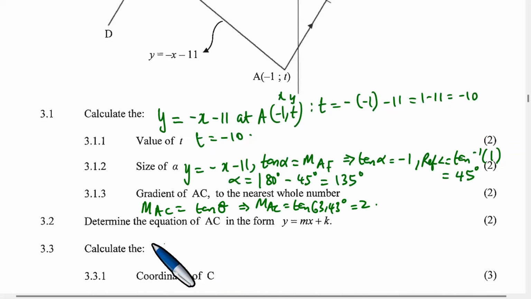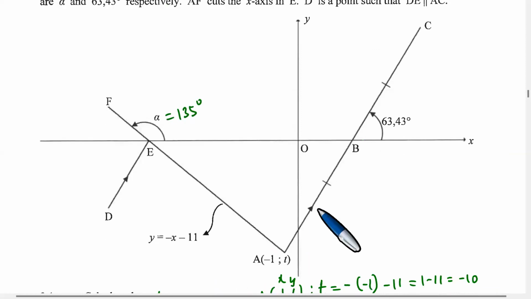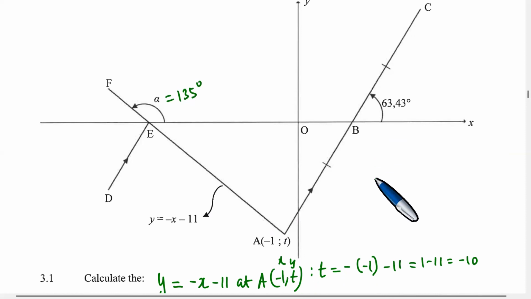Okay, determine the equation of AC in the form y equals mx plus k, the equation of AC. Right, so if you want to find the equation of the AC, you already know a couple of things. You already know the gradient of the line, right? And we have already said the gradient of the line AC is 2 approximately. Moreover, we know that t itself is equal to -10. We've just found it.